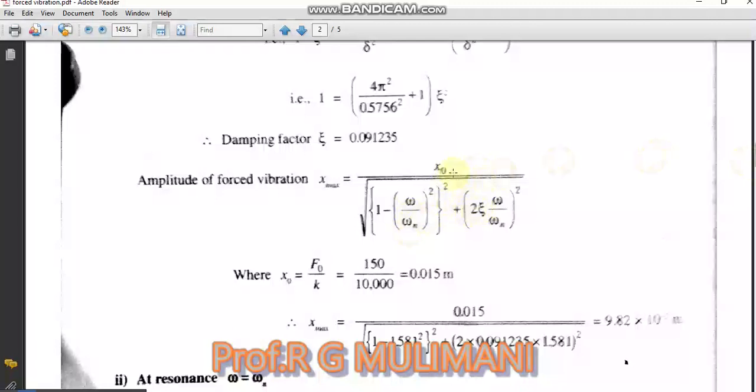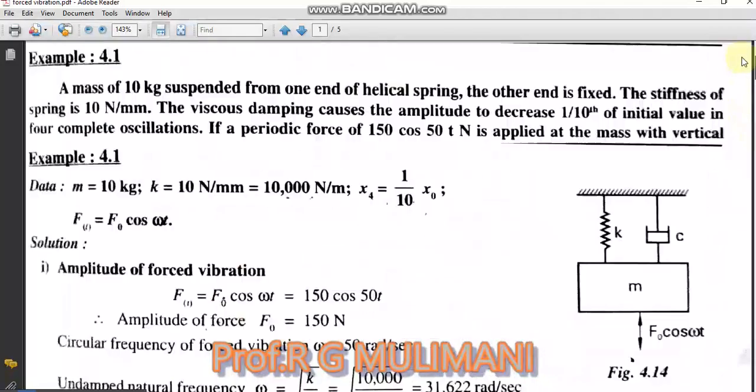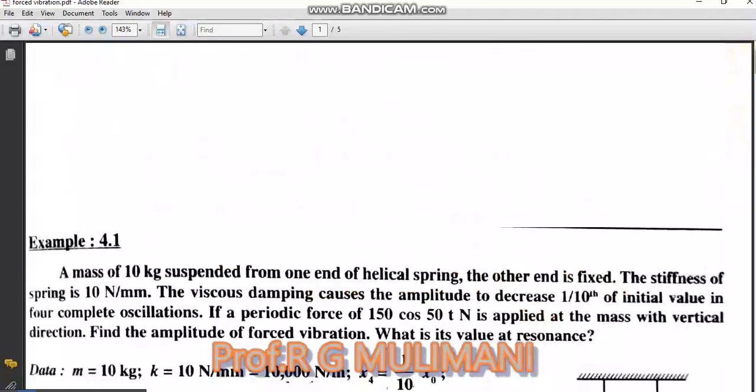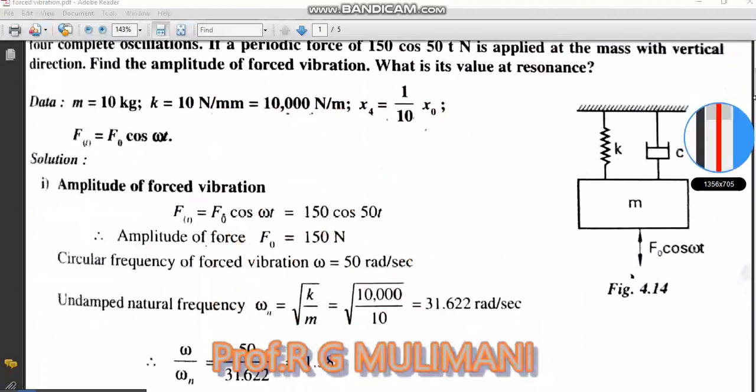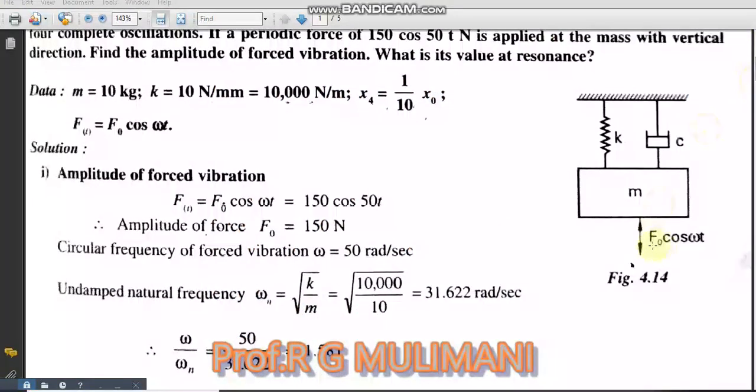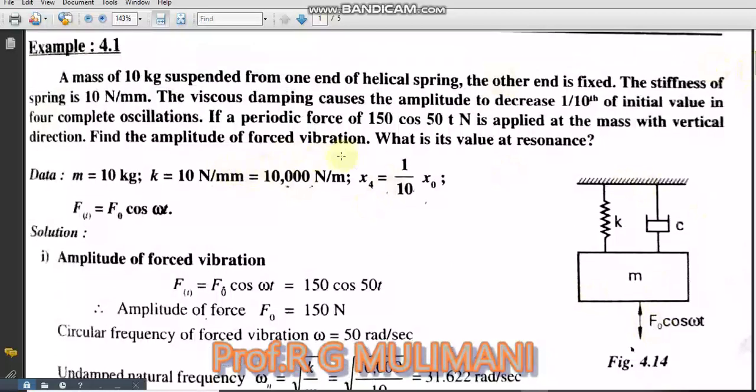What is x naught? x naught is equal to f naught divided by k. F naught is given, that is 150 newtons, and the spring stiffness k is given, it is 10,000 Newton per meter.